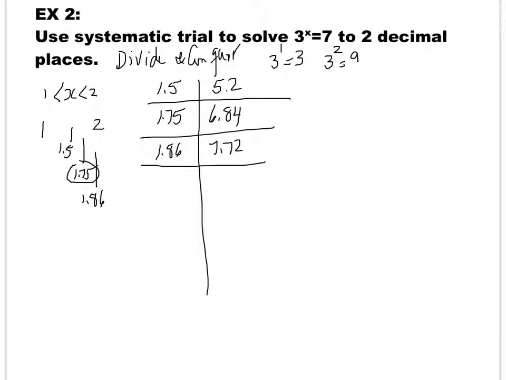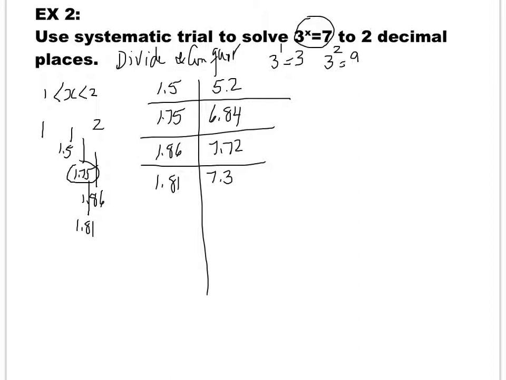Now we have to find the middle one between 1.75 and 1.86. Again, I add 1.75 and 1.86 and then divide by 2. I get 1.81. If I plug 1.81 into this equation, I get 3 exponent 1.81 is 7.3. Getting closer, but still greater than 7.